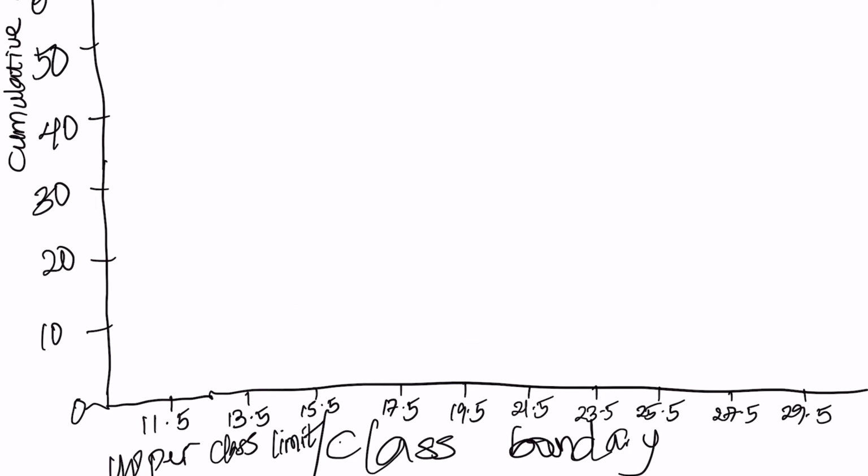So at 11.5, we have our cumulative frequency to be 7, so it can be around this part.